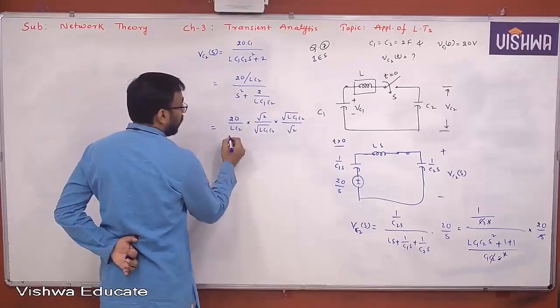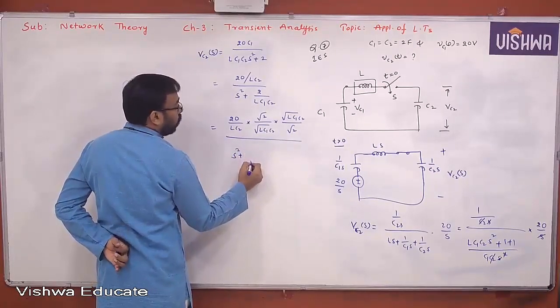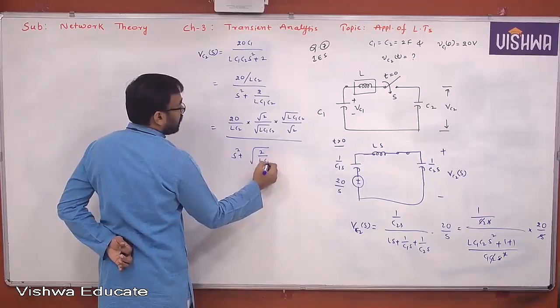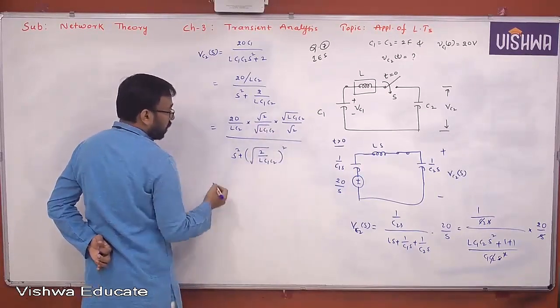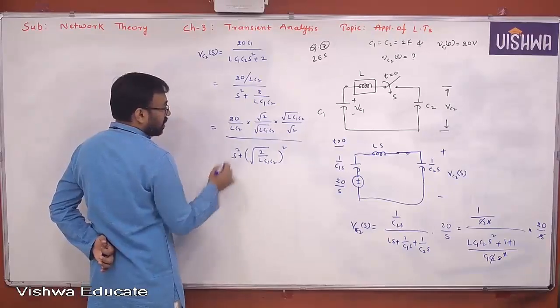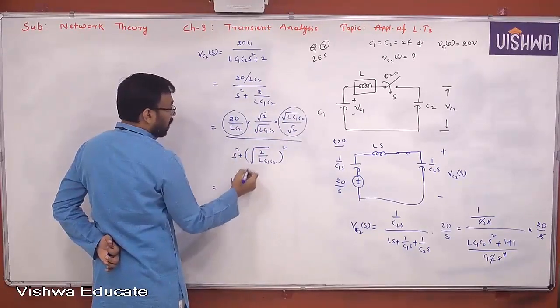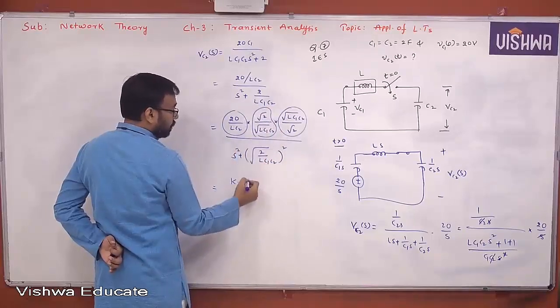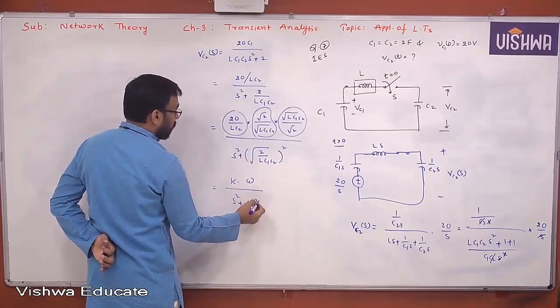Then S square plus root 2 by L C1 C2, whole square, you can put it. So it's very clear that some constant is there. You can say this is some constant K. This you call omega, K omega by S square plus omega square. Yes or no, all of you?